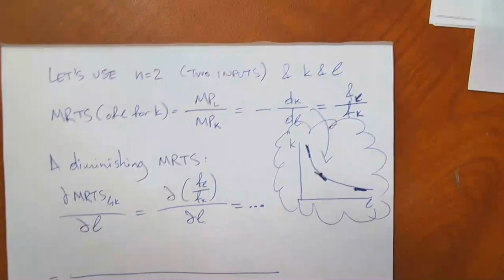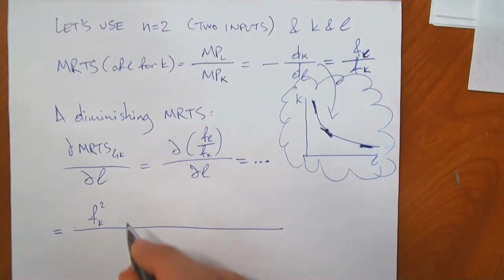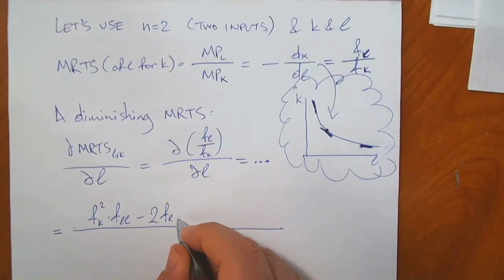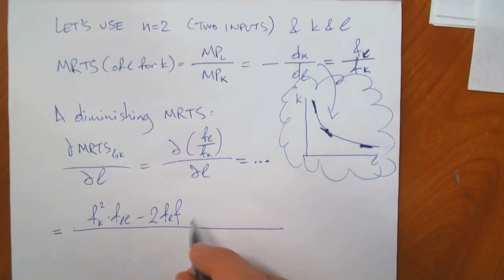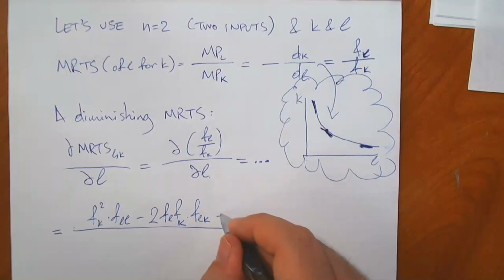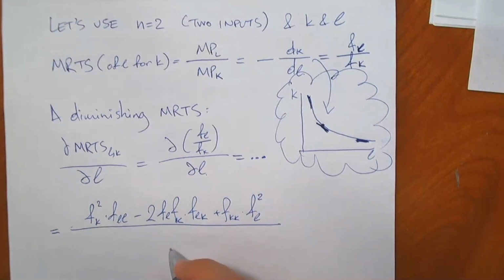I'm going to try to do this right: F_K squared times F_LL minus 2 F_L, the marginal product of labor, all of these things have names, right, F_KL times F_K, plus F_KK times F_L squared, divided by F_K to the power of 3.